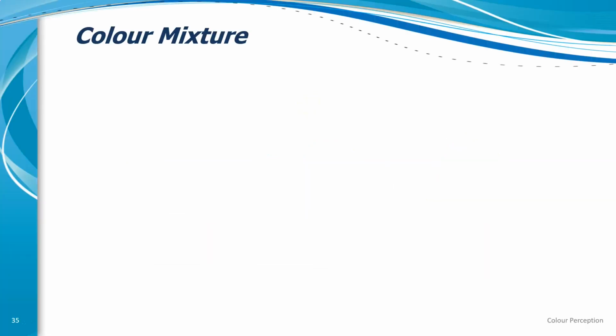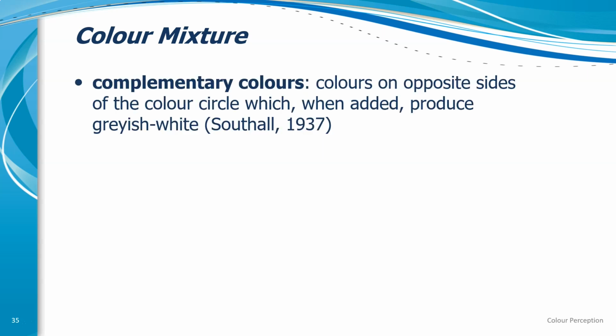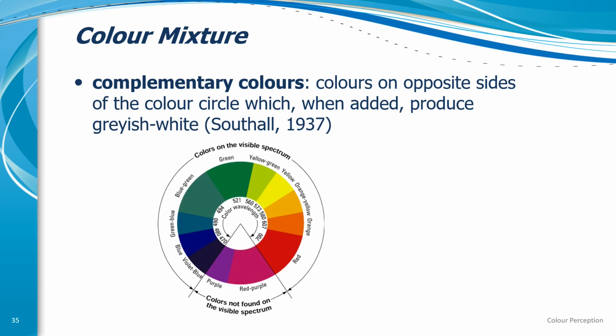Now, there are certain colors that we can mix together and they will produce certain interesting results. One example is complementary colors. Now, it's not just any two colors. We have to go back to the color circle and pick colors that are on opposite sides of the color circle. They have to be exactly opposite from each other. And then, if we take those two colors and add them together, they kind of cancel out.